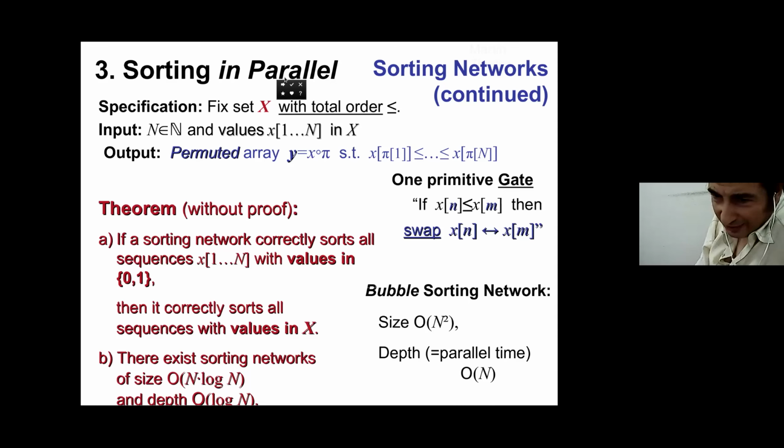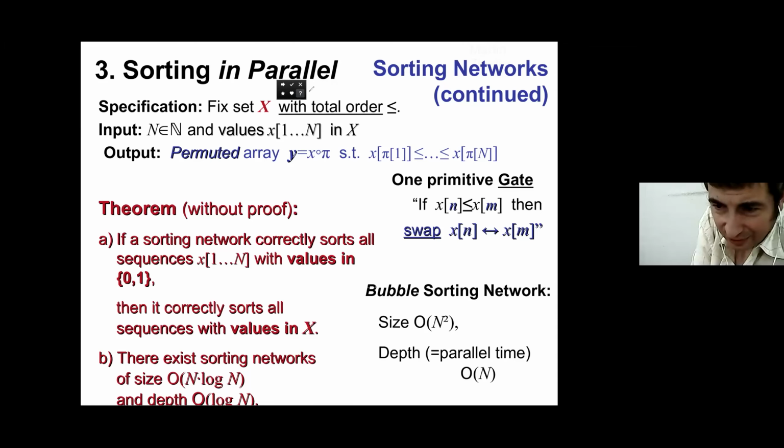The proof of this is not in the scope of this class. The theorem says that if you have a sorting network which sorts all sequences with values in 0, 1, then you will also have a network which sorts correctly sequences of any data type. So you can restrict yourself to sequences of 0, 1.